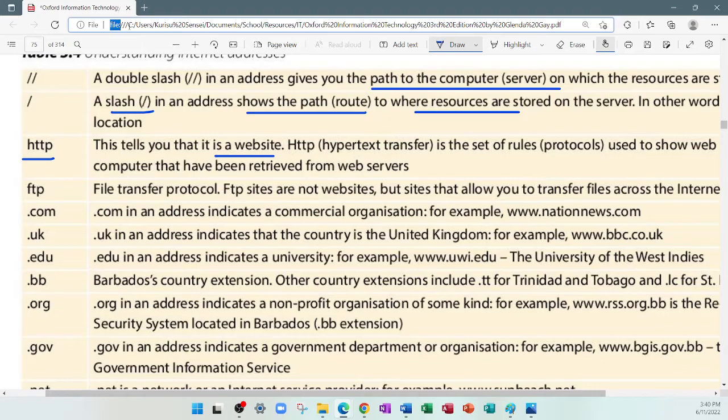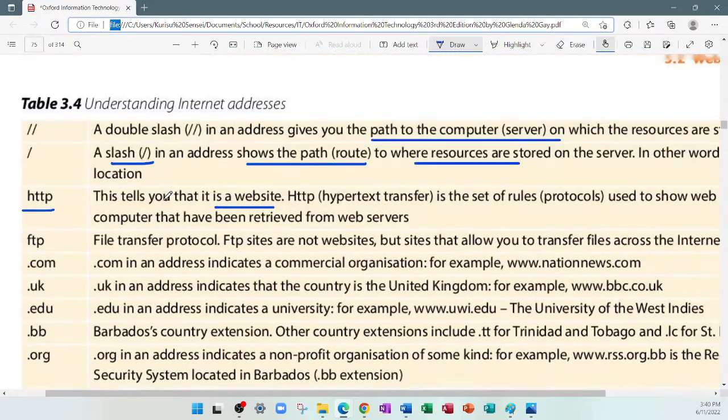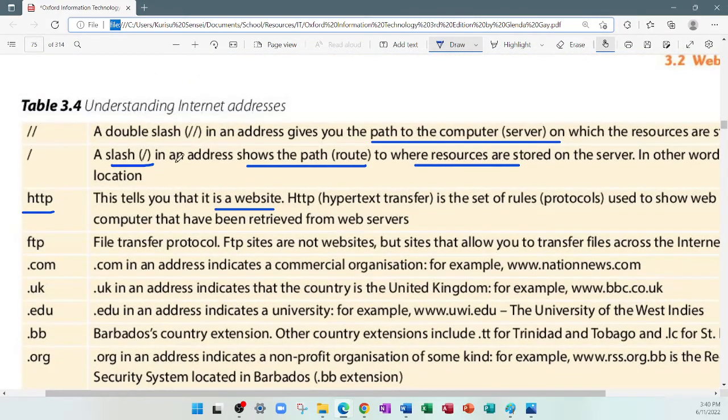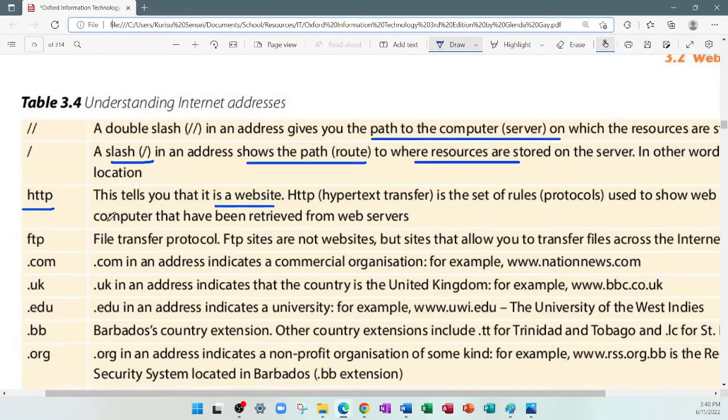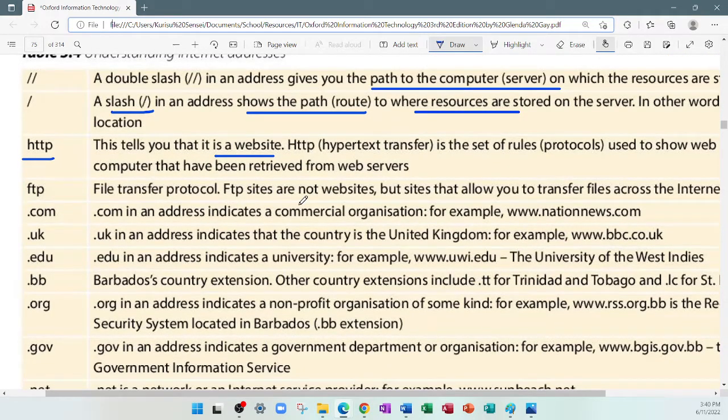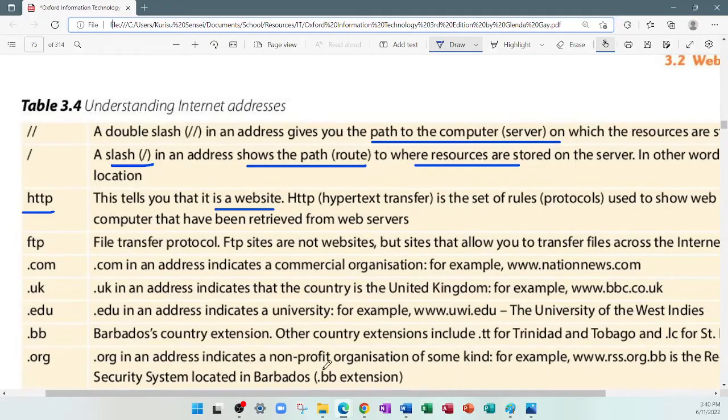That there is indicating that I am accessing a file on my computer. Whatever's before the colon is indicating what I'm accessing. So if you see HTTP colon or even HTTPS colon, that indicates you're accessing a website.